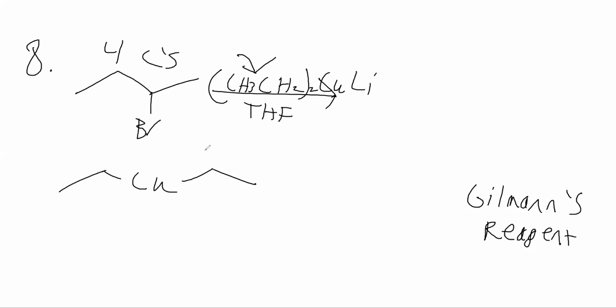I'm pretty sure the lithium is just a counter ion, so it's probably just floating around, and we don't usually draw it in these. So are we going to add just one ethyl group, or both of them? This is something you should know: these reactions add carbons, they form carbon-carbon bonds. You don't really have to know the mechanism, but you should know they add carbons, and how many they add.